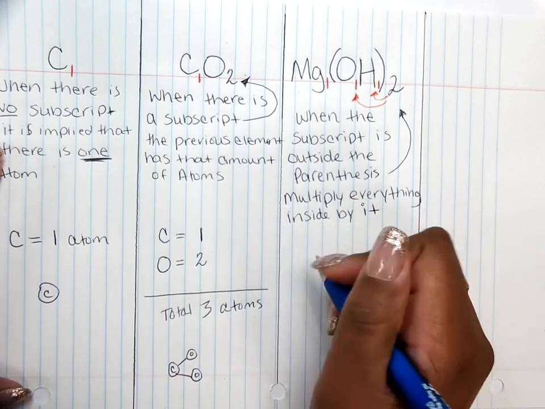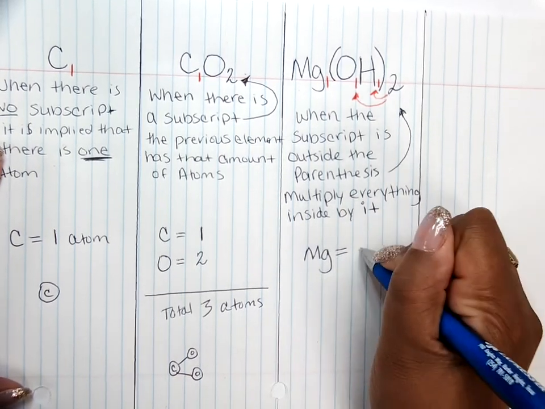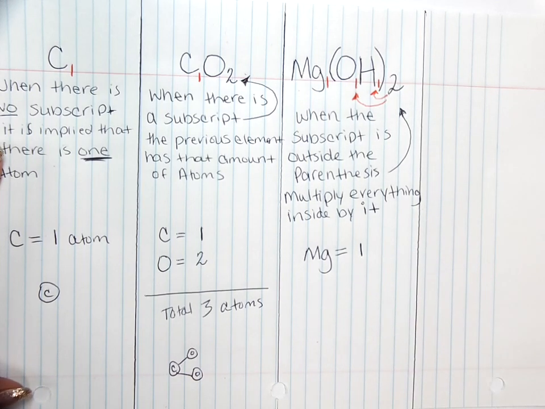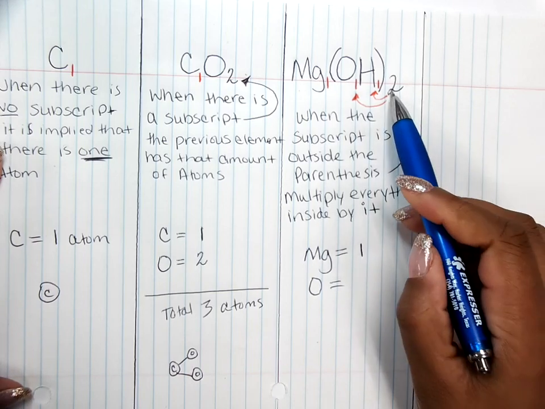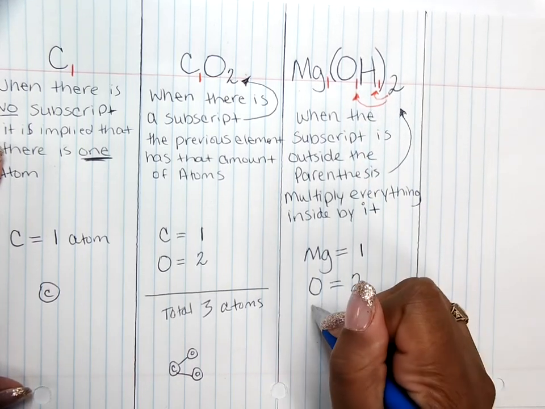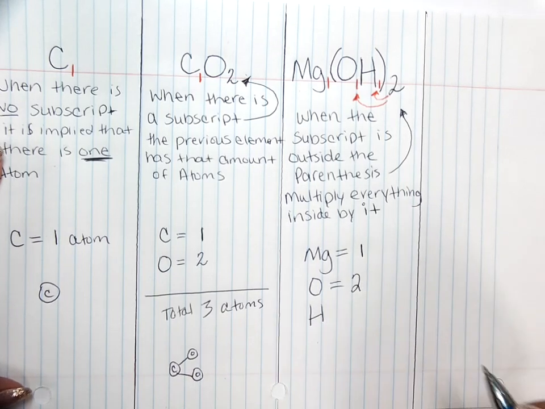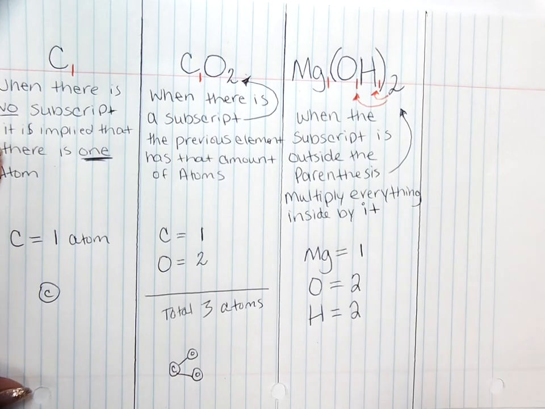So for this one, magnesium, we have one of those. Oxygen, 2 times 1. And hydrogen, 2 times 1 again is 2.